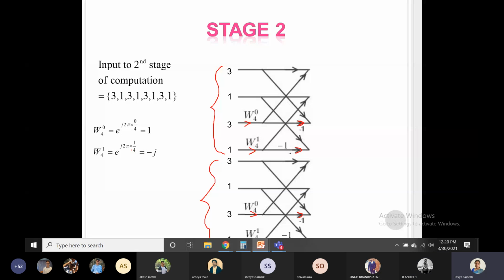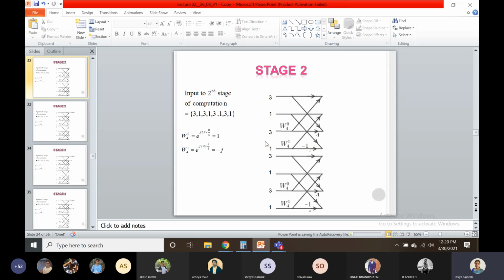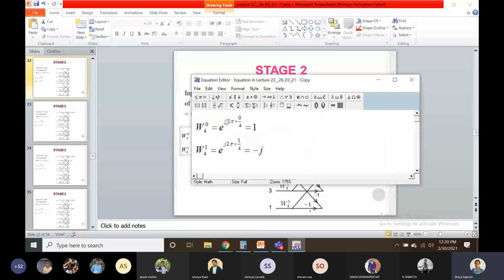Yes, it is e raised to minus... So here there is a minus coming. Now it will be correct.